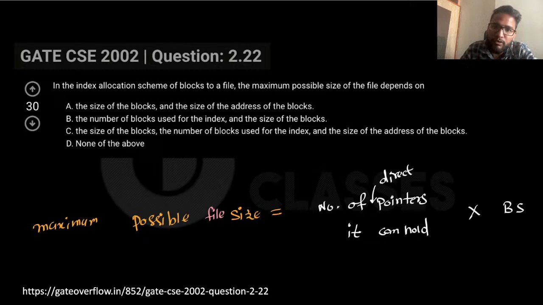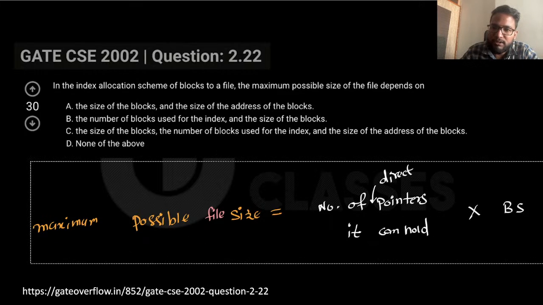Definitely it depends on these two. Because basically the number of pointers depends on the size of the pointer. If the pointer size is less, the number of pointers will be more, right? See, the maximum file size is this.